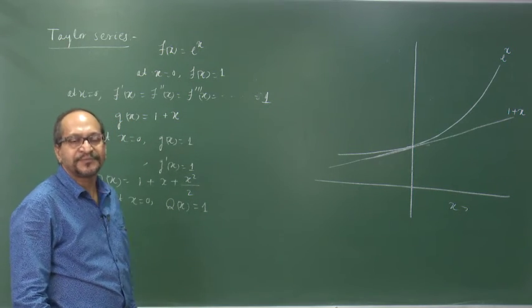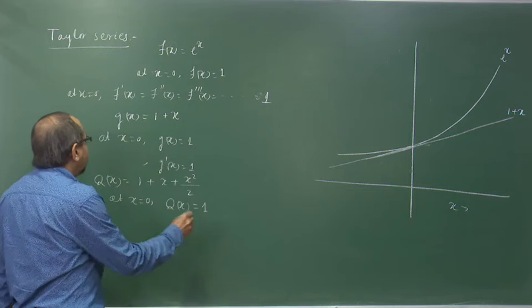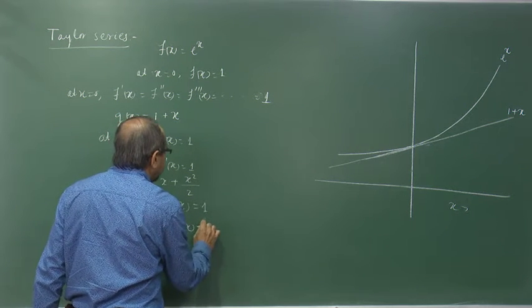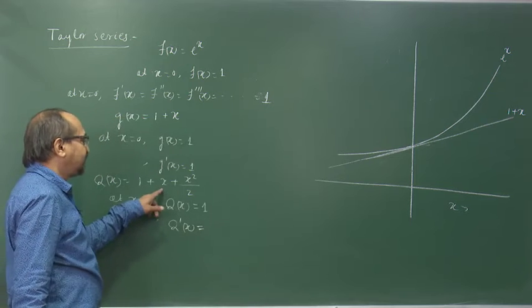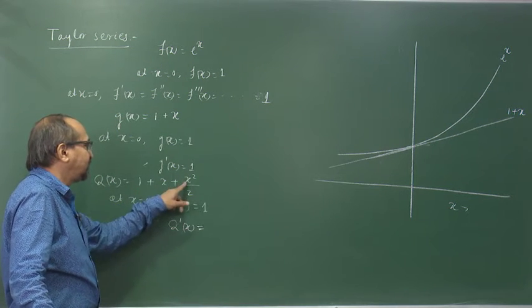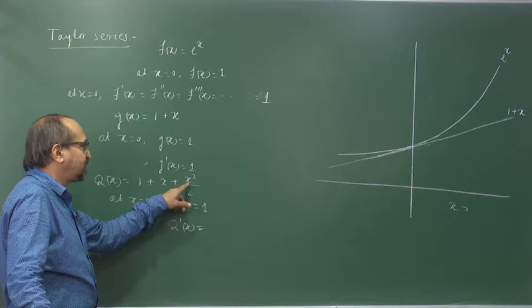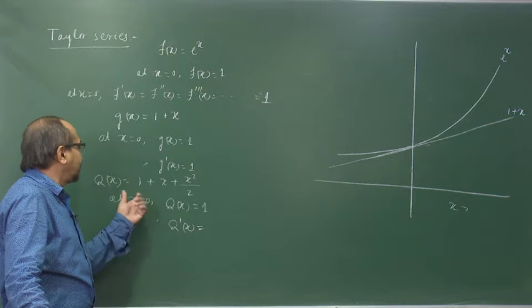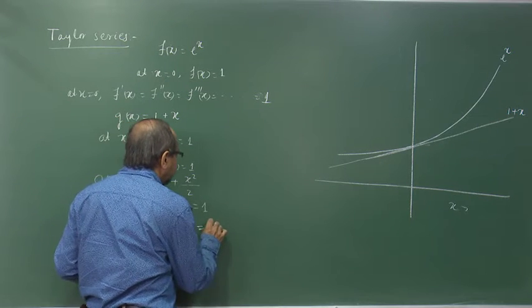What is the value of q dash of x at x is equal to 0? The 2 cancels out, it is 1 plus x. So at x is equal to 0, it is again 1.